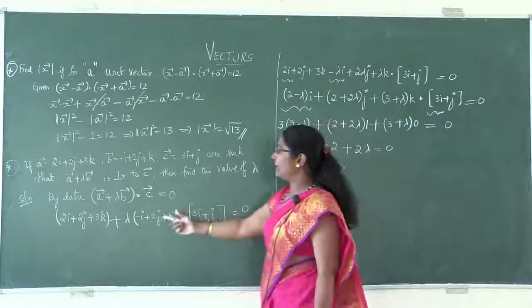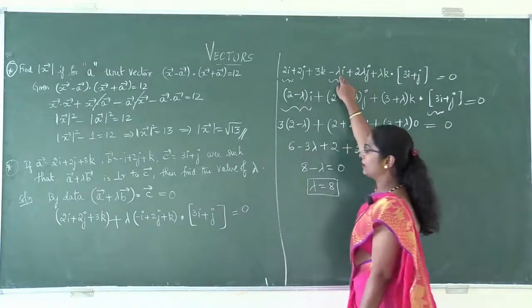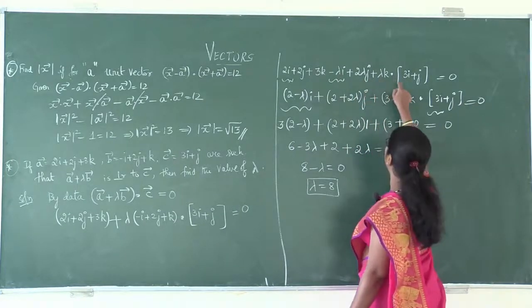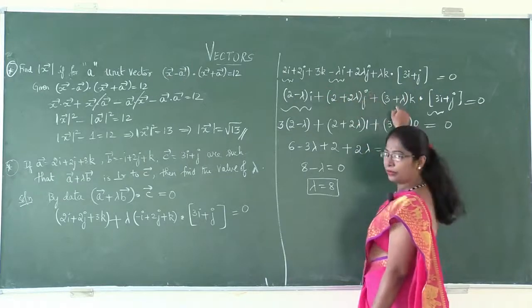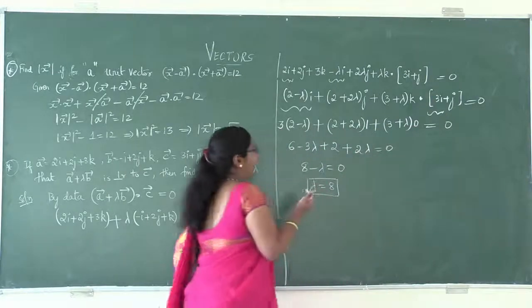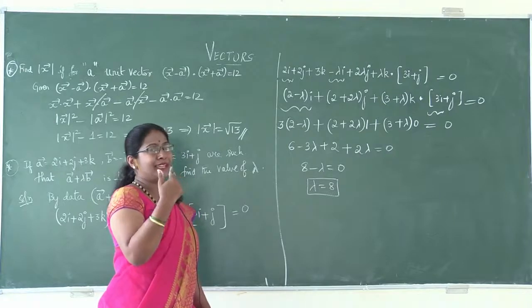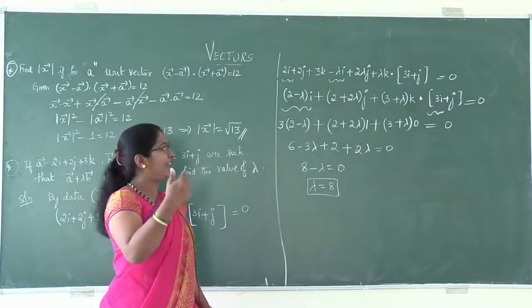Now I will multiply the second vector with lambda and can be written as minus lambda i plus 2 lambda j plus lambda into k, dot product with 3i plus j. You can take out i, j and k as common. The dot product with 3i plus j remains the same. How do you find the dot product in terms of components? a1 b1 plus a2 b2 plus a3 b3, that is the coefficient of two vectors with respect to i, j and k terms.